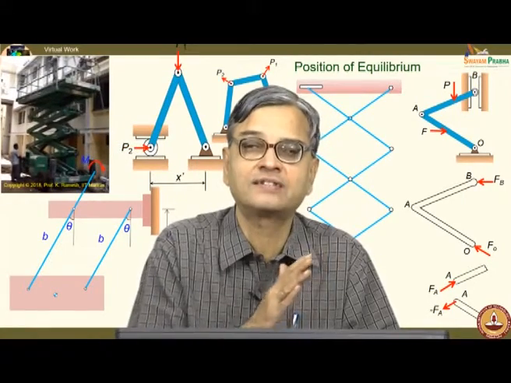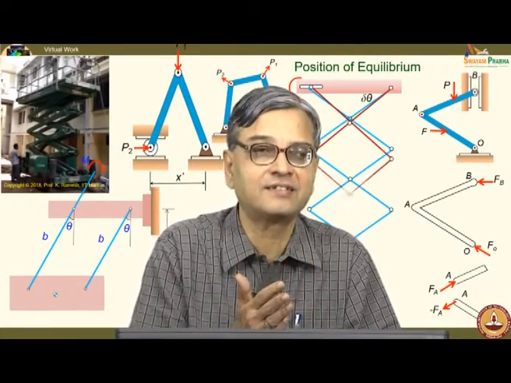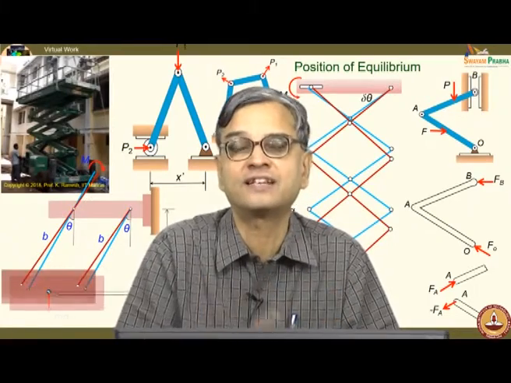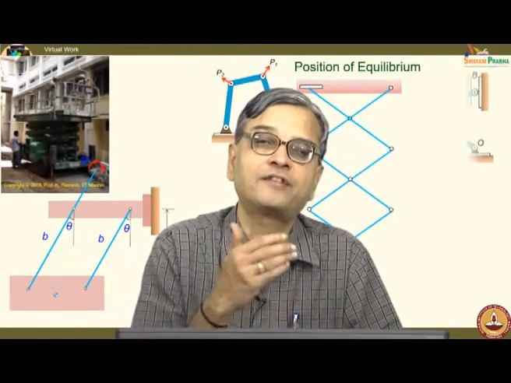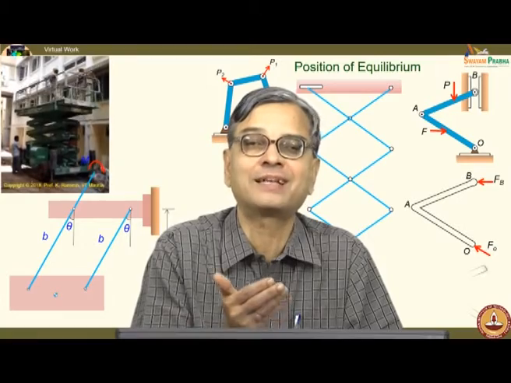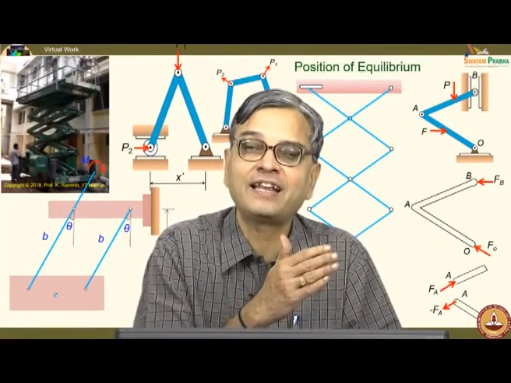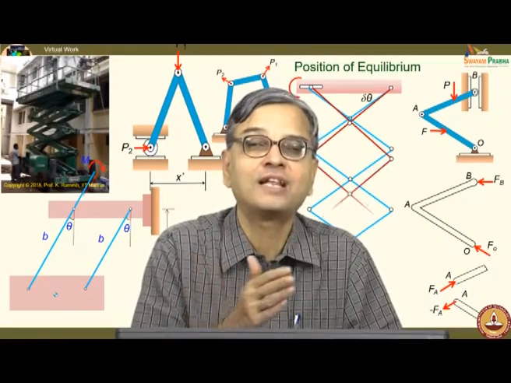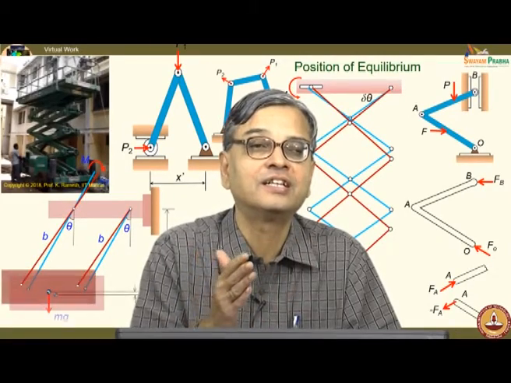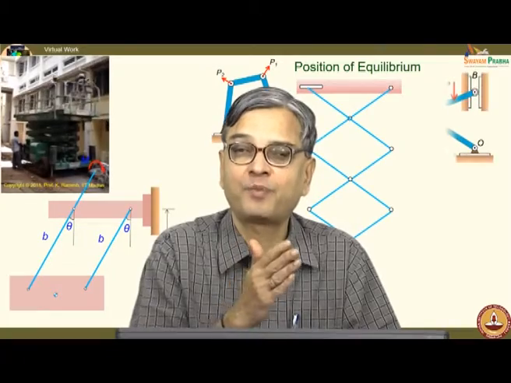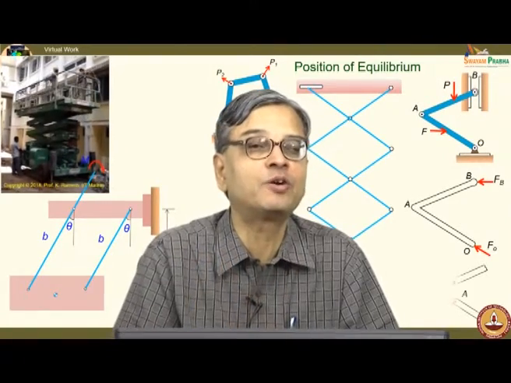Fine. We have all along seen, in the case of trusses, we had a detailed discussion on sign convention, how to interpret the force acting on the truss member as tension or compression, and also we had a detailed discussion on the sign convention used in plotting shear force diagram and bending moment diagram.